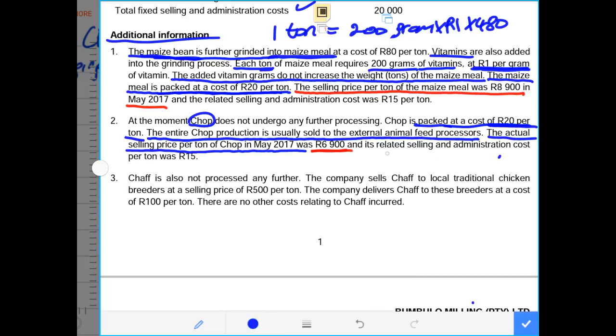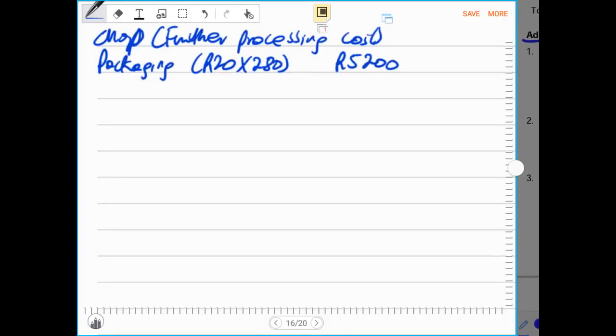Then it says its related selling and administration cost per ton is 15 rand. So now there is selling and administration cost, which happens after the products were incurred jointly, or after the product was processed further.